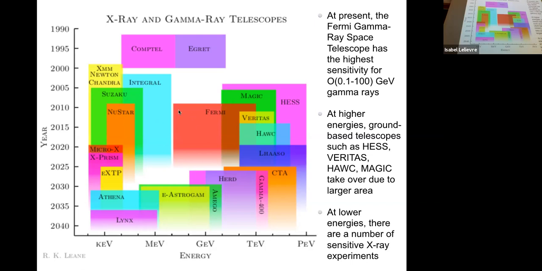At the low energy end for Fermi, the problem is the way that Fermi works: when a gamma ray comes into the detector, it pair produces. It makes an electron and positron, and then Fermi has silicon tracking layers, and you track the charged particles through those layers, and then you trace them back to the origin point and reconstruct where the photon came in from.